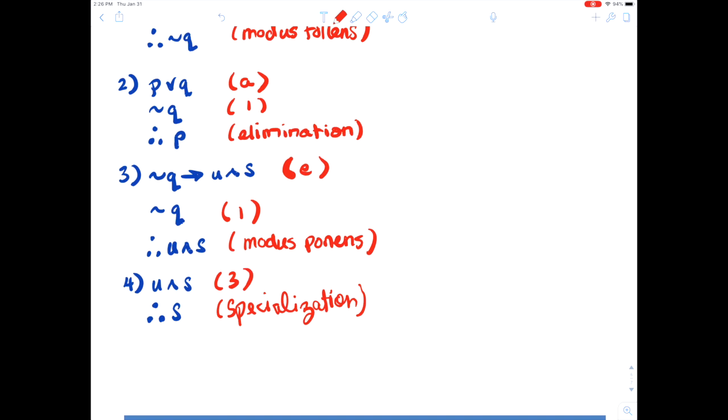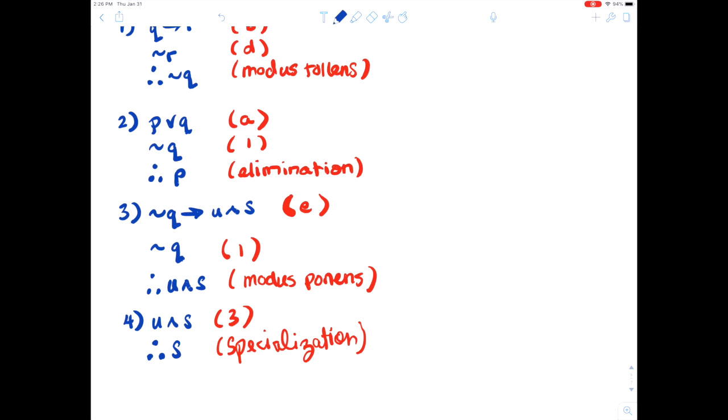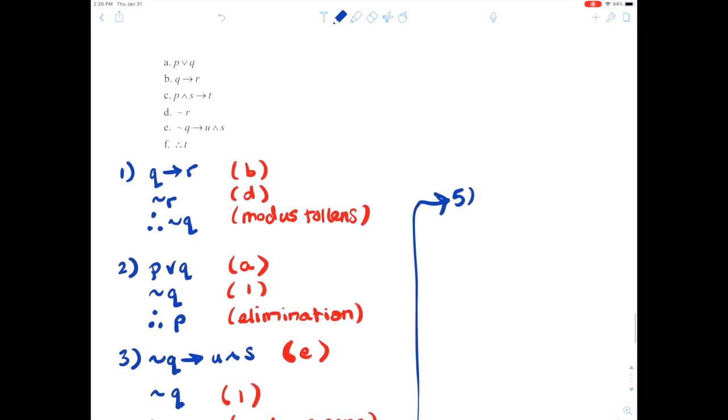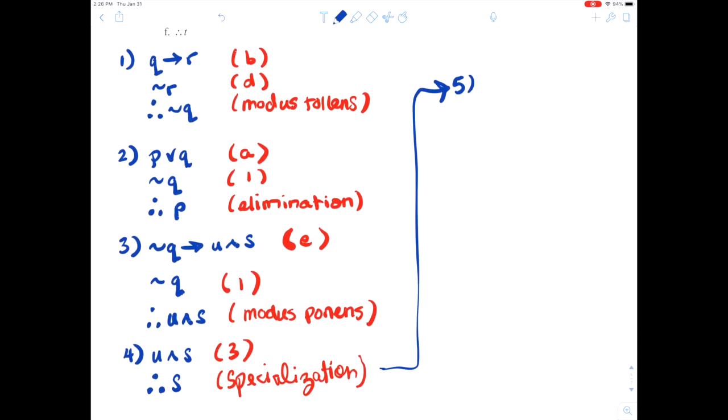All right, we're getting there. Now let's lay out some other stuff that we've learned. So number 5, or part 5, we know S is there from equation 4. We know P, and remember premise C, we're going to have to take care of that. So why don't we get P and S on the record so we can conjoin them. So P, that comes from part 2.